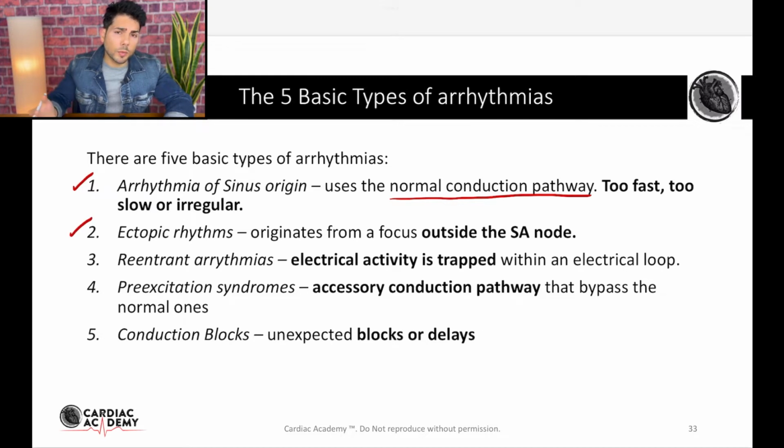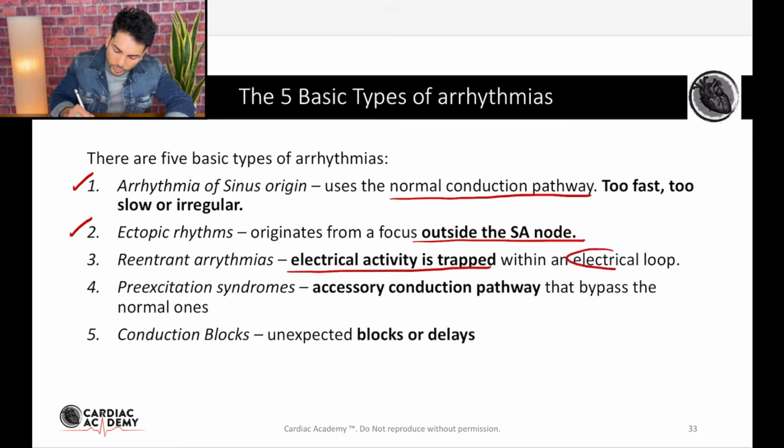And in ectopic rhythms, these depolarizations are originating from somewhere else, somewhere outside the SA node. Following that, we'll be talking about reentrant arrhythmias, and this type of arrhythmia uses electrical activity that is trapped within an electrical loop.